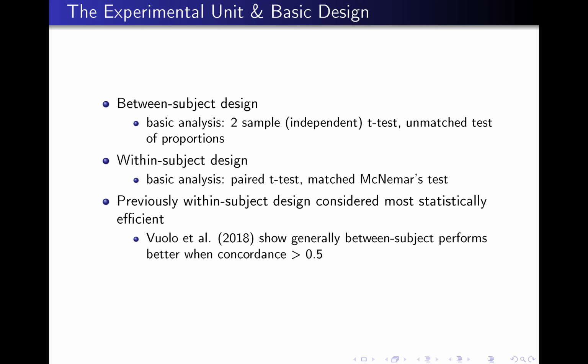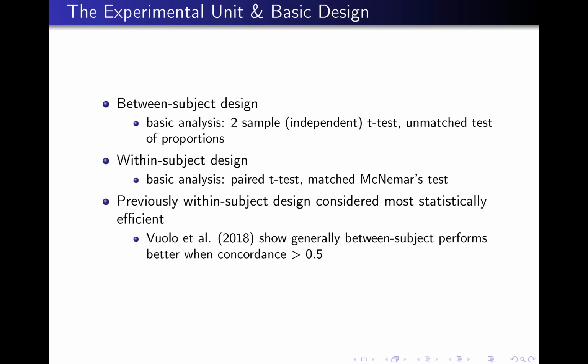And here, just quickly, there are some cases, as Mike Volo and colleagues have shown, where a between subject design actually performs more statistically efficiently. But it's a very specific case, and I don't want to take the time to explain it because it's very statistically in the weeds.